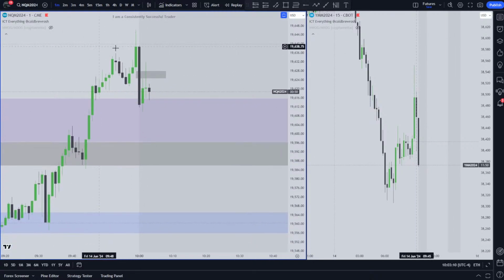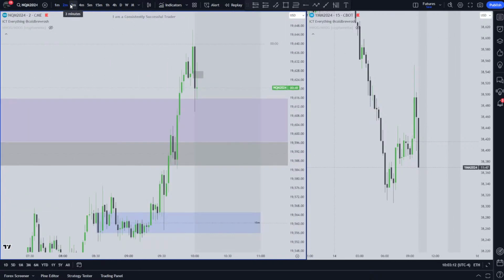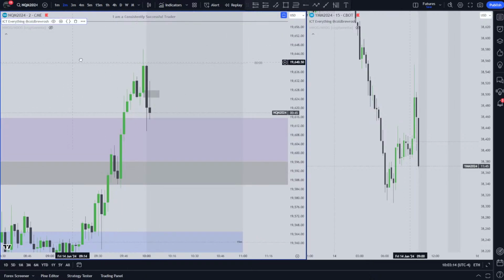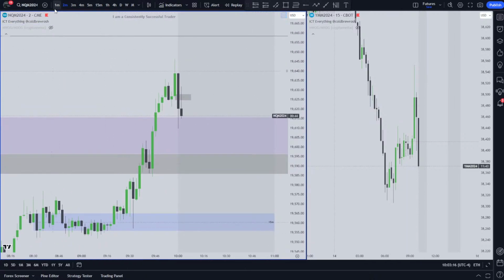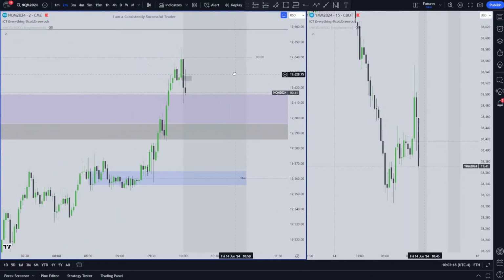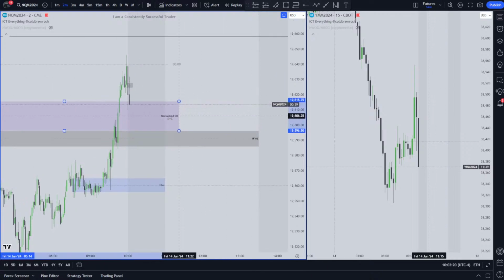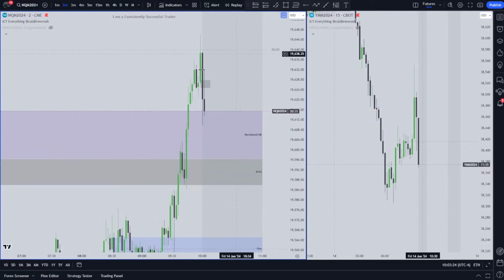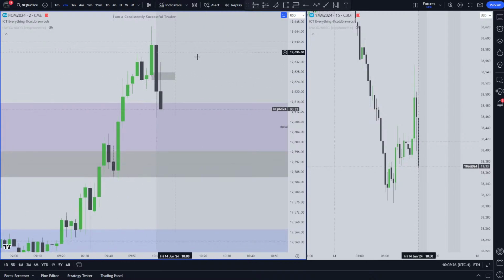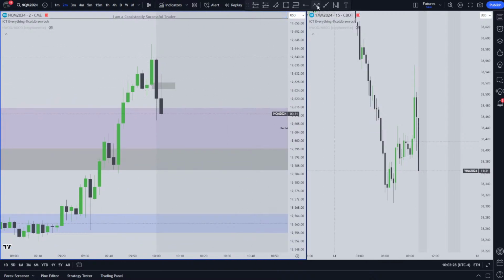Yeah, so what would I like here? I'm gonna stay on the 2 minute because I don't really use the 1 minute. I just use it more for reference in case I want to see what happened on the 1 minute. Now, let's draw out these slightly shorter. And here, we want to see price conduct something like this.